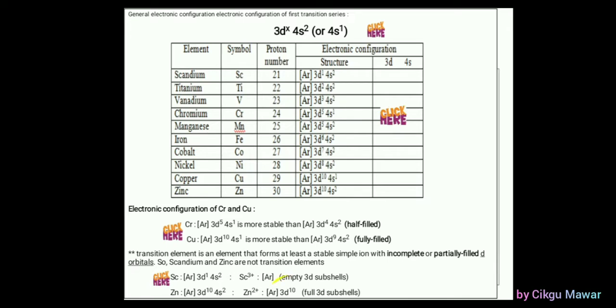So finally it is left as 3d10, which is a fully filled 3d subshell. So it does not obey the definition of a transition element, which is an incomplete or partially filled d orbital. That's why both are not considered transition elements.